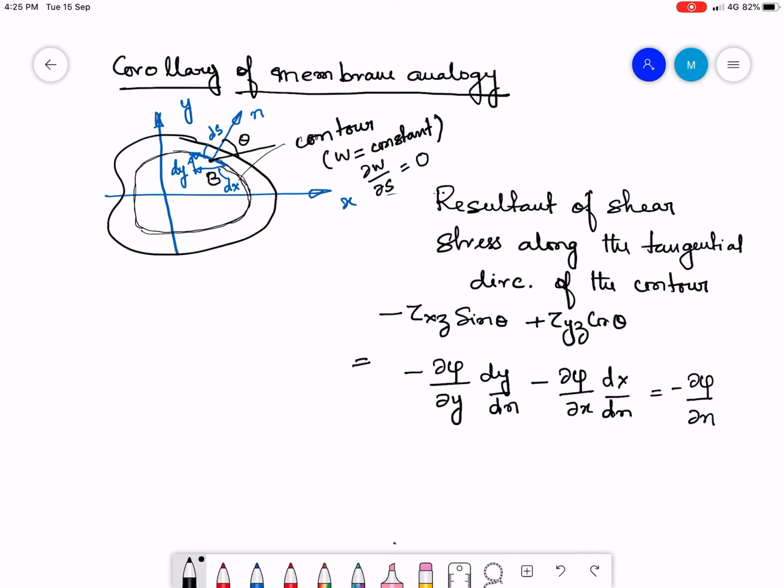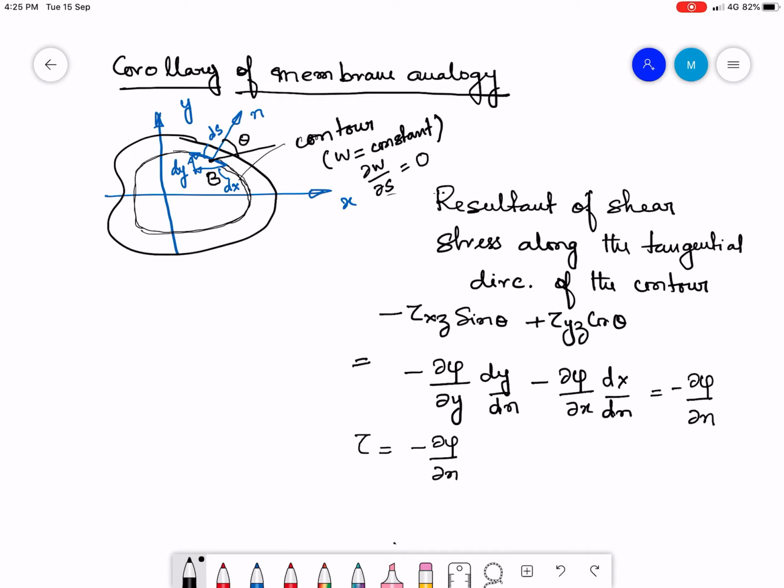Okay. Therefore, if we want to summarize, the net shear stress at any point on the contour in the tangential direction is tau, which is equal to minus del phi by del n.